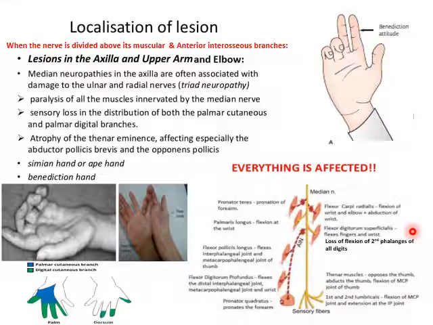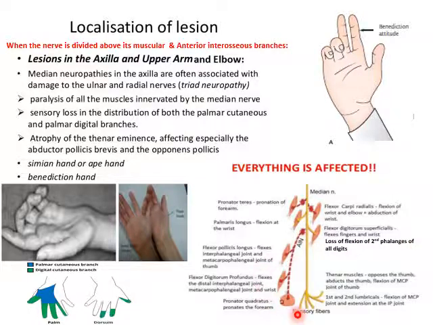Along with the loss of flexion at the wrist, because of the damage to the flexor digitorum superficialis, there is loss of flexion of the second phalanges of all digits, because the flexor digitorum superficialis tendons, the 4 digital tendons to the second, third, fourth and fifth digits, are inserted at the base of the middle phalanx.